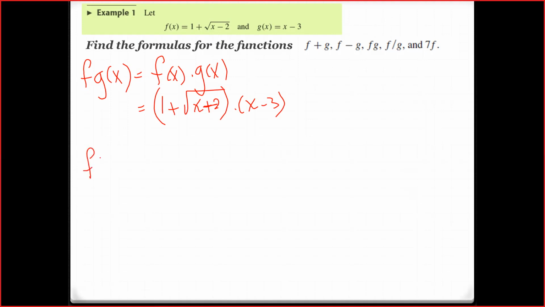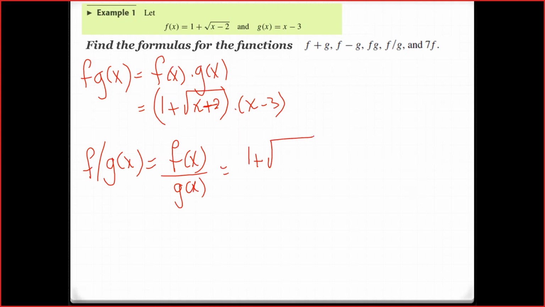What about f over g of x? It is f of x over g of x, so I can write it as 1 plus square root of x minus 2 over x minus 3.